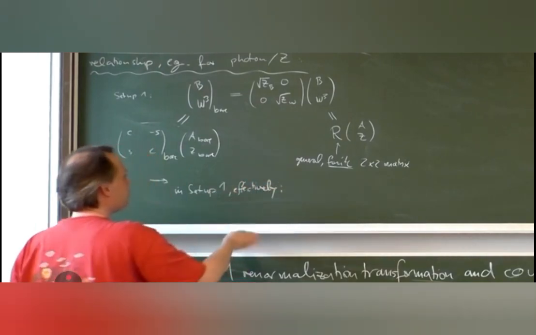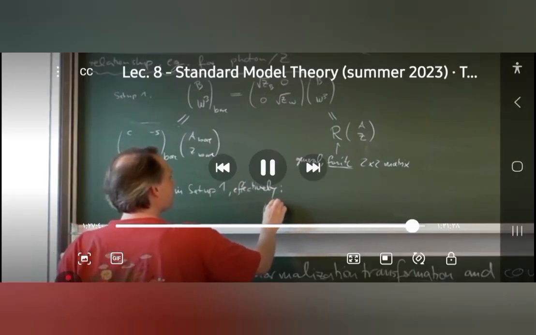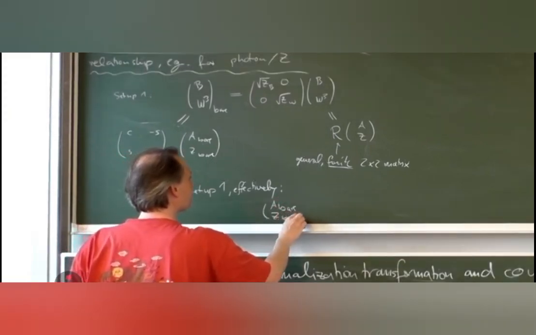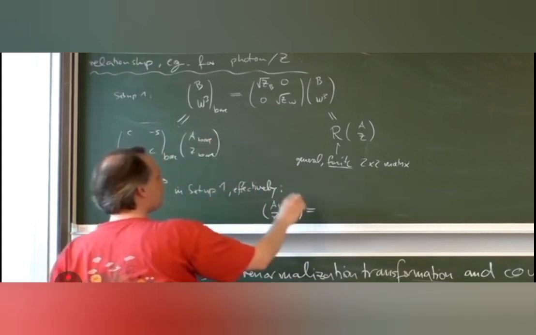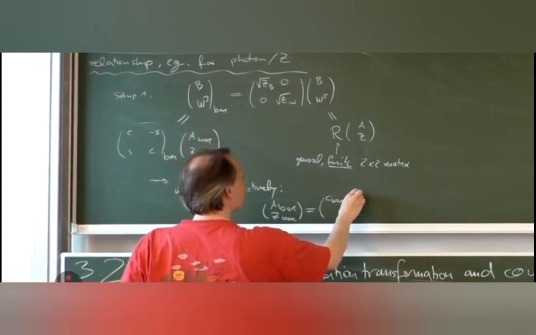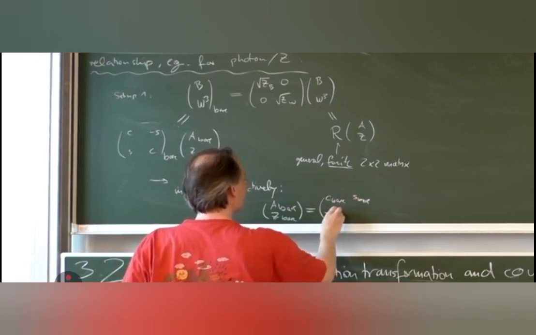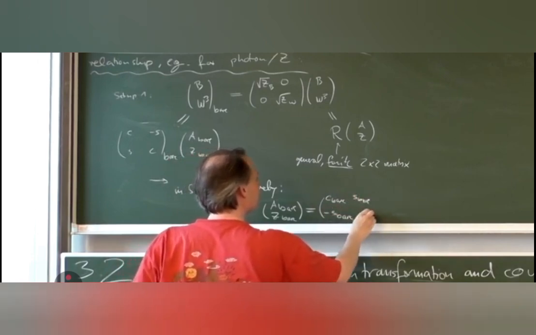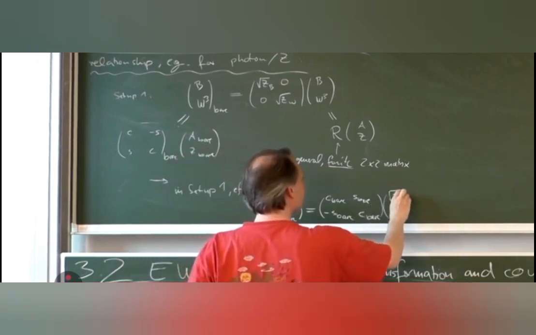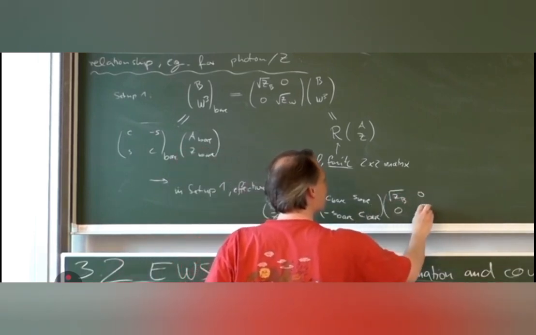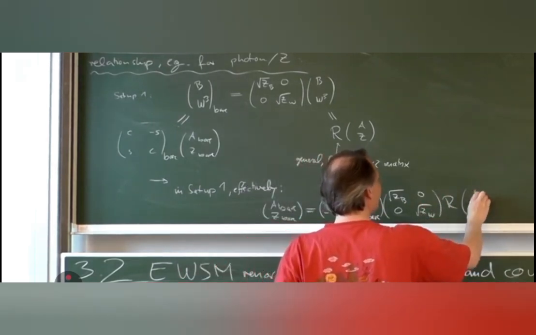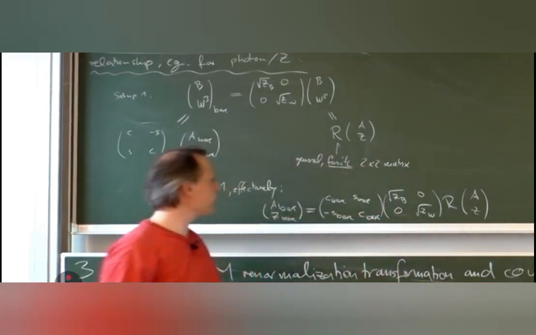And the combination of all these equations means that in setup 2, what you effectively do compared to setup 1 is that you have a bare photon and a bare Z boson field, and they are related in the following way. So you have cosine theta bare, sine theta bare, minus sine theta bare, cosine theta bare, the weak mixing angle, then square root of Z_B, 0, 0, square root of Z_W, and then a finite matrix R times renormalized photon and Z fields.